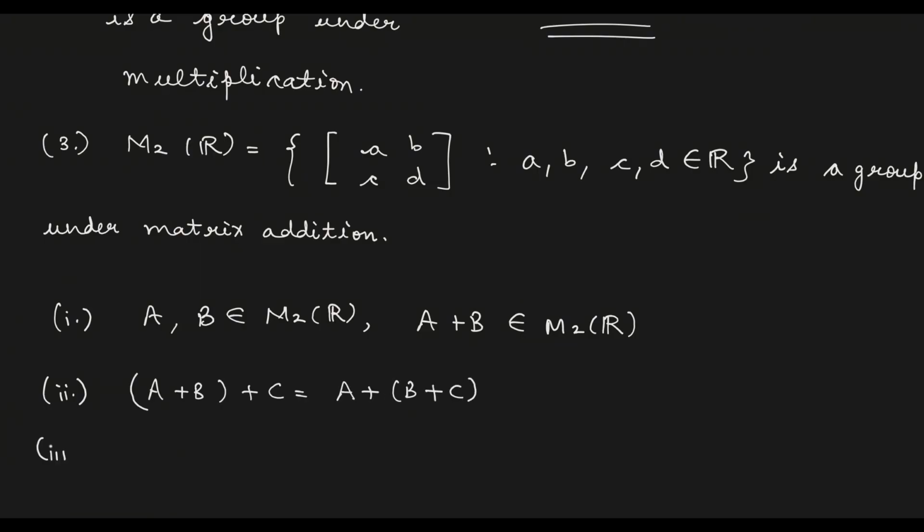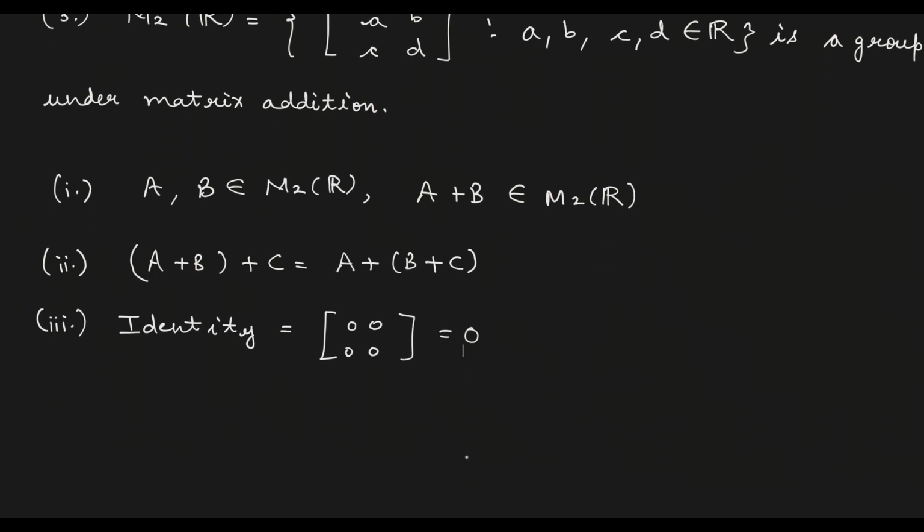Can you tell me what will be the identity element for this? 0, 0, 0 matrix. Yes, 0 matrix. A plus 0 is equal to 0 plus A, which is equal to A. And what will be the inverse?